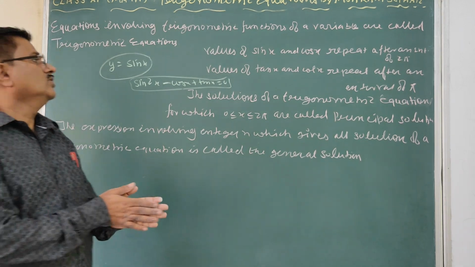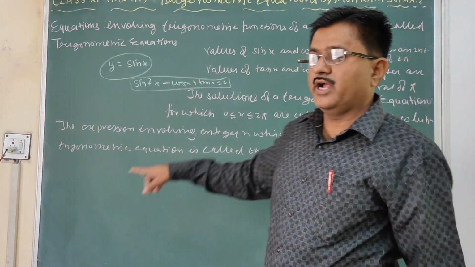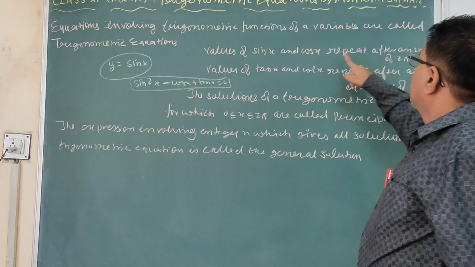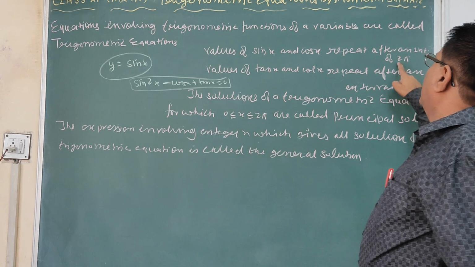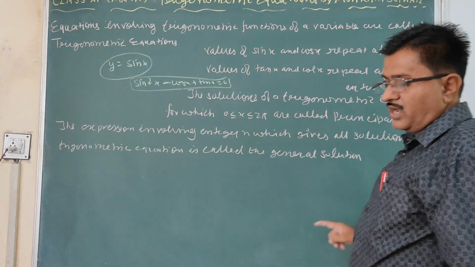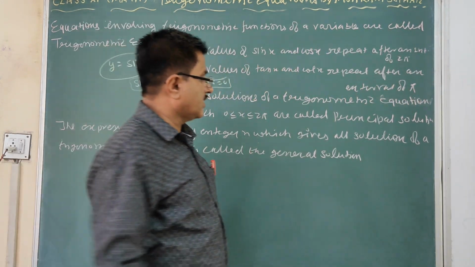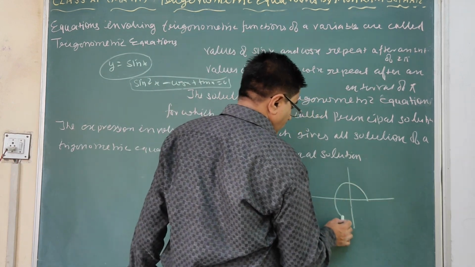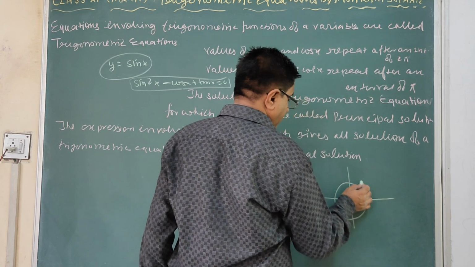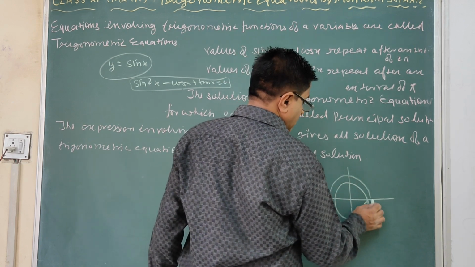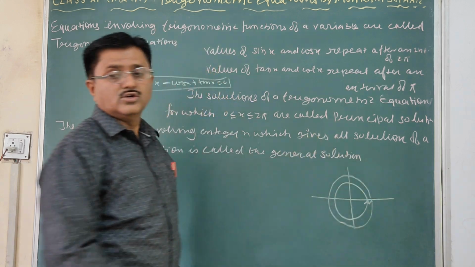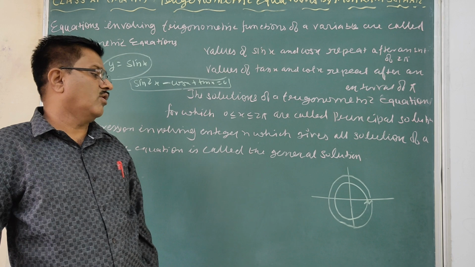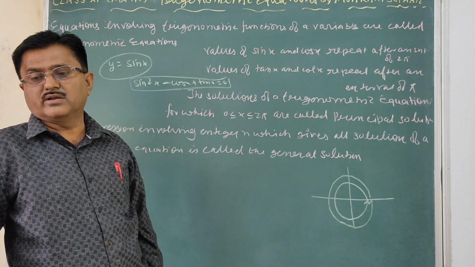Before that, we have already discussed that the values of sin x and cos x repeat after an interval of 2 pi. After completing one round, the values of sin and cos will repeat. If you take a second round, or third round or fourth round, then at an interval of 2 pi the values of sin and cos will be repeated.